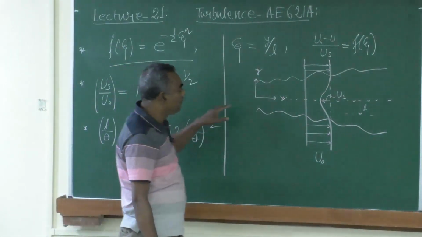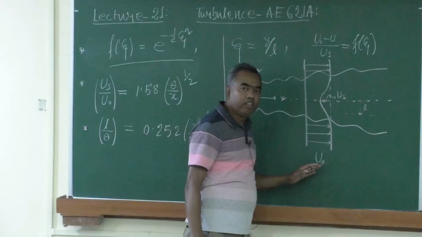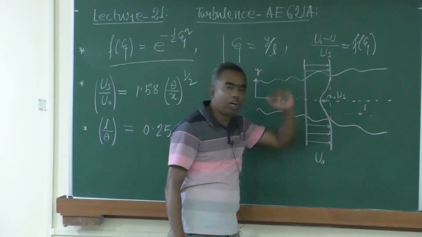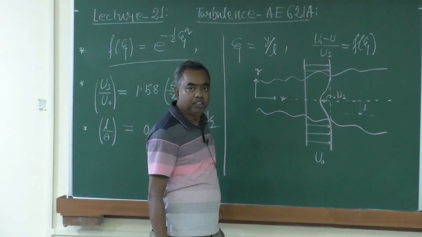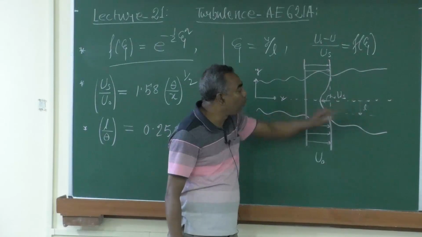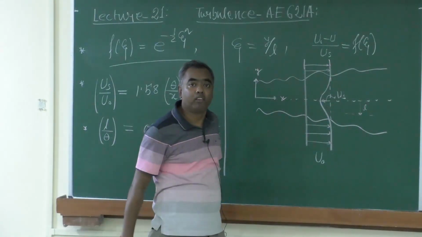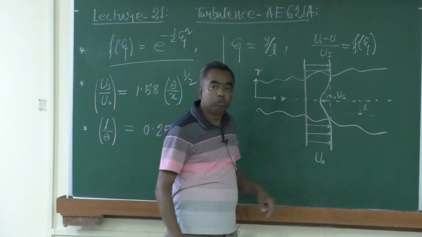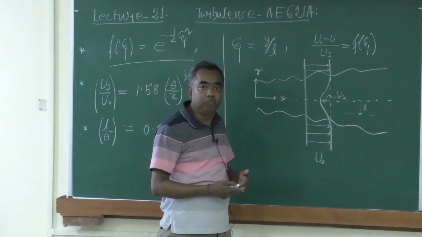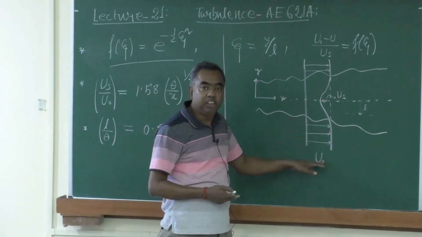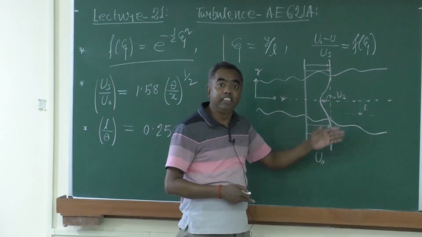So, that means when somebody is moving with this u naught velocity, what will you see? You will see there will be a growth of L with respect to time. That means to that particular person who is moving with the free stream velocity u naught, L is increasing with time.